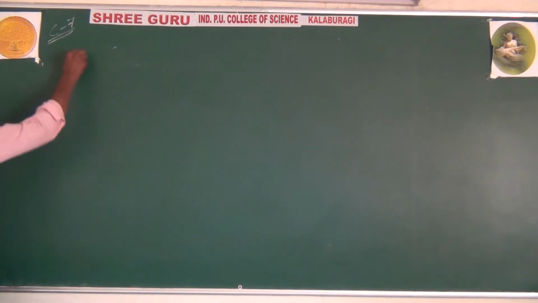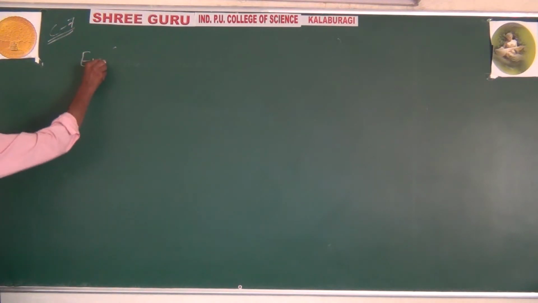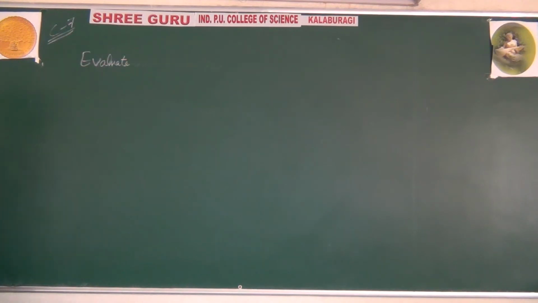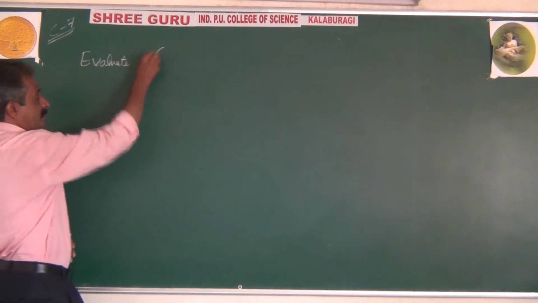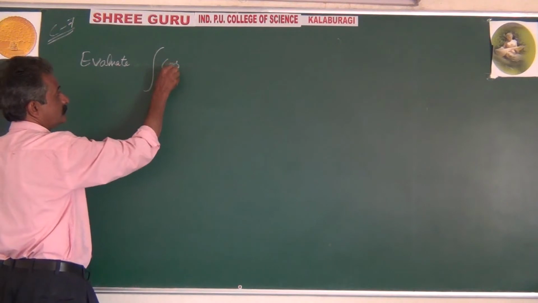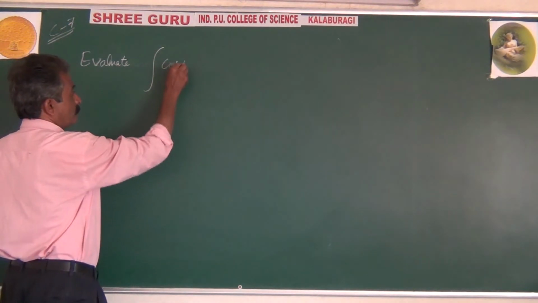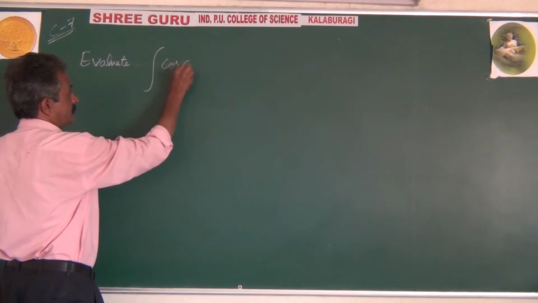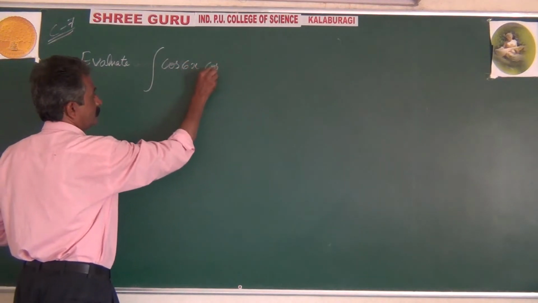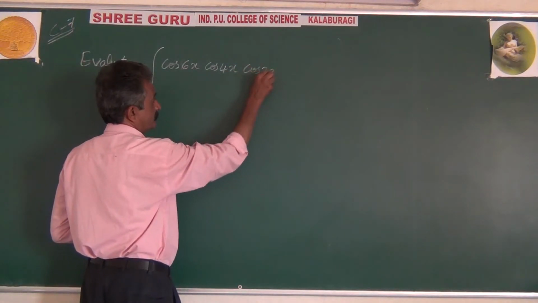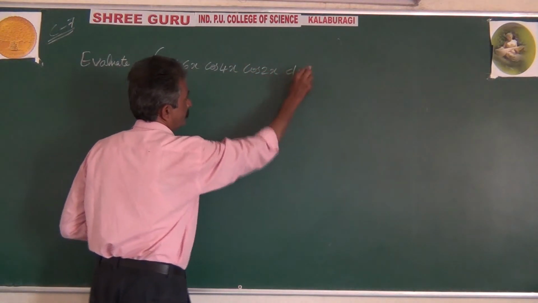Find or evaluate. Evaluate integration of cos 6x into cos 4x into cos 2x dx.